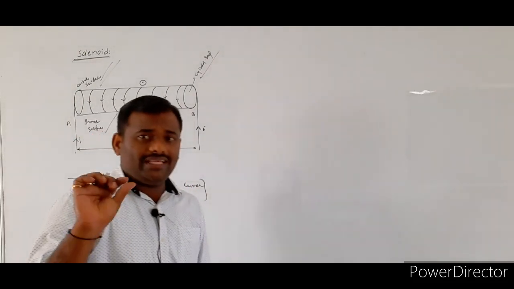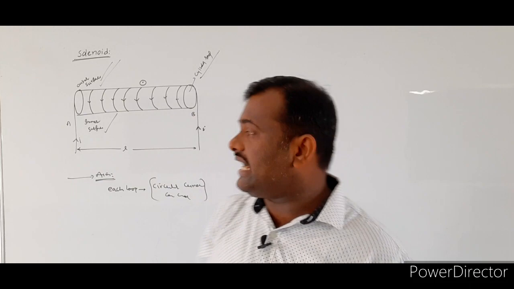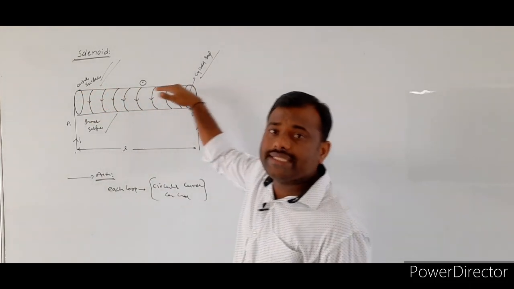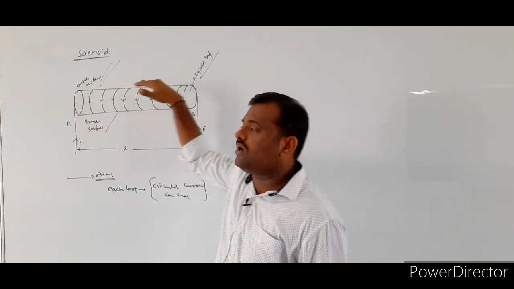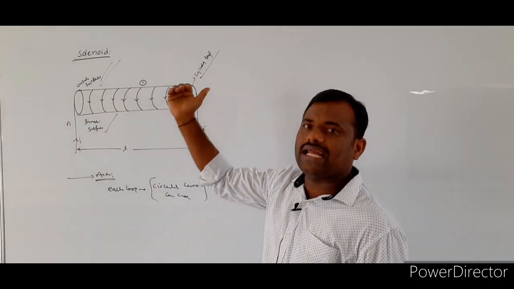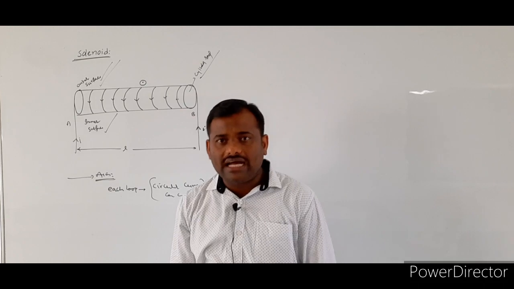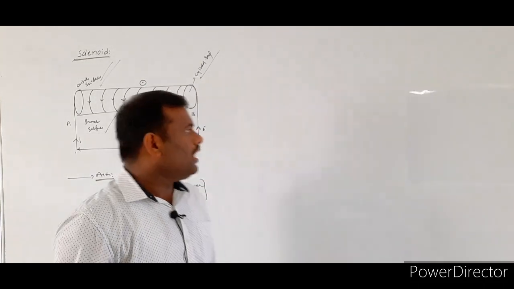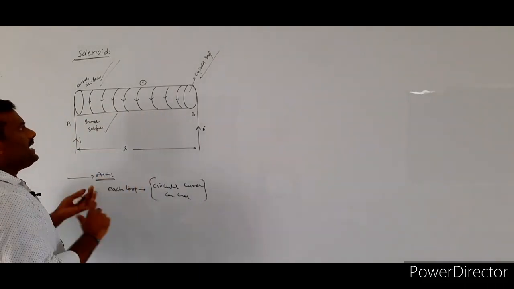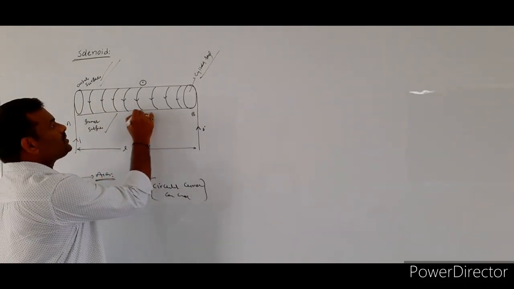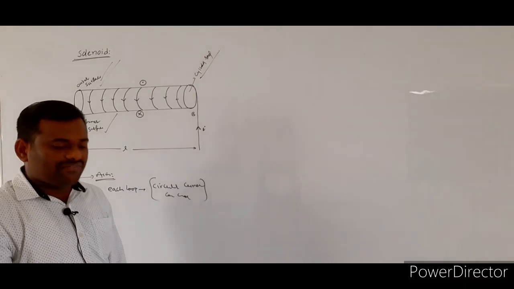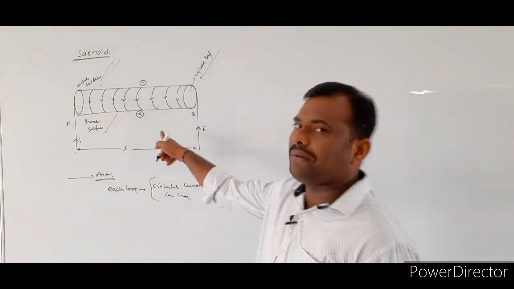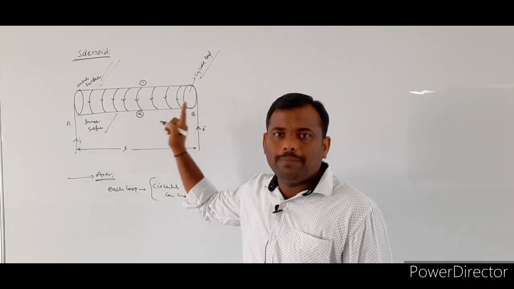Once again, for each and every loop, at the outer surface of the solenoid, the direction of the current will be coming out of the plane of the paper, whereas at the bottom of the solenoid, the direction of the current will be acting into the plane of the paper.